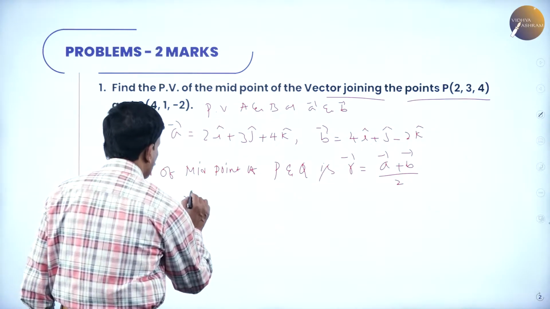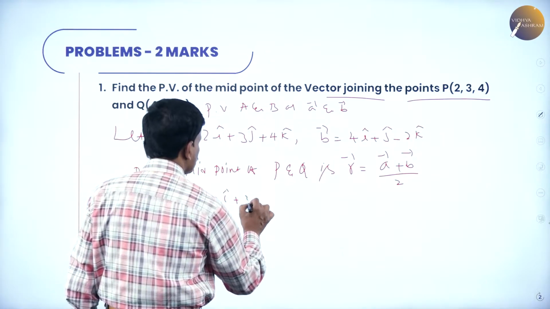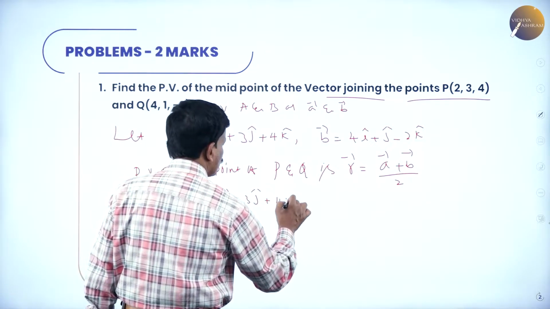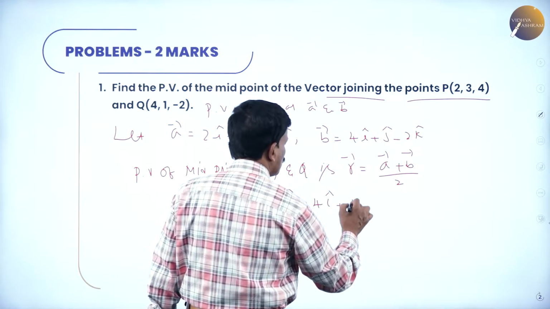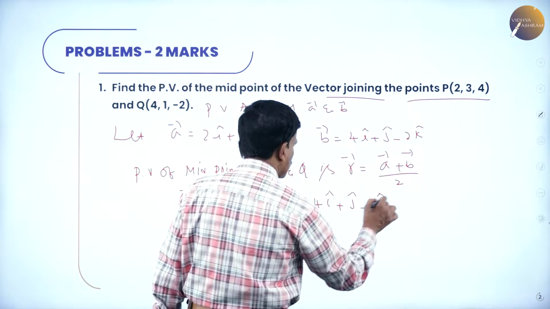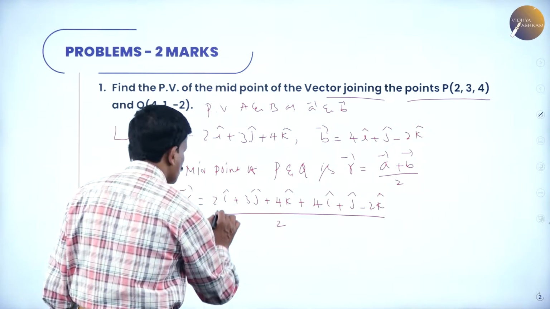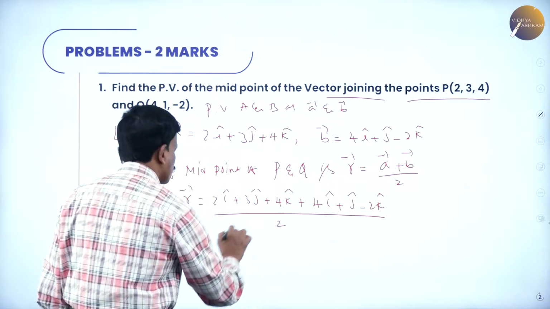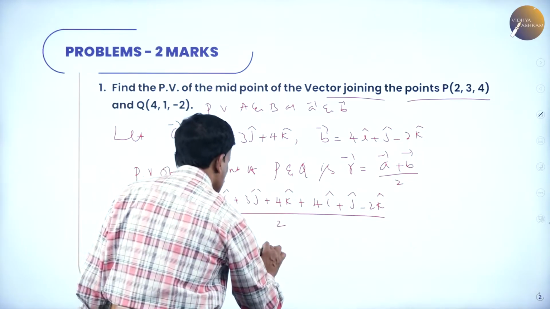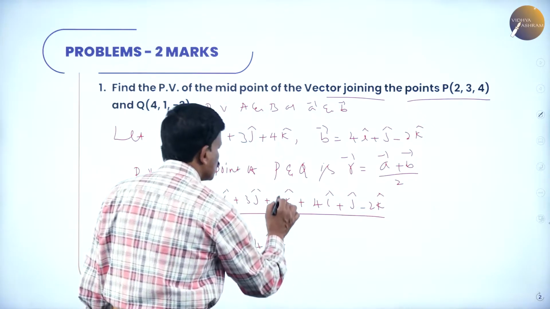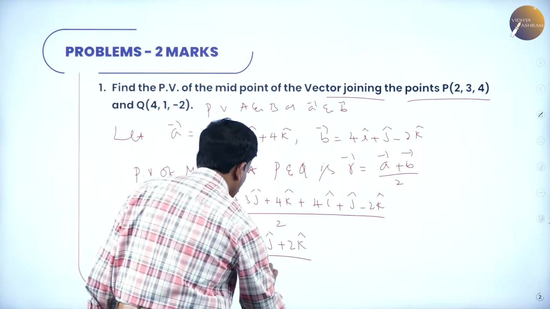So therefore, vector R is equal to, vector A is 2i cap plus 3j cap plus 4k cap, plus vector B, 4i cap plus j cap minus 2k cap, divided by 2. So vector R is equal to 2i plus 4i is 6i, plus 3j plus j is 4j, plus 4k minus 2k is plus 2k, divided by 2.